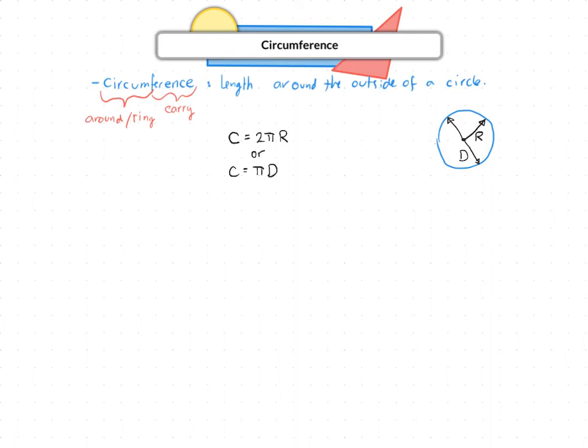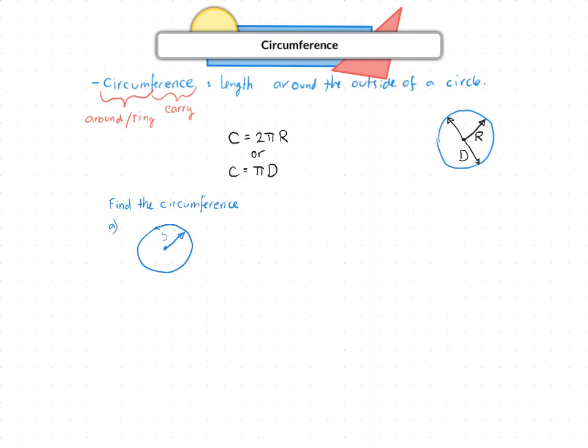So again, let's look at some examples here. Find the circumference. And there's really two situations you need to know about for finding the circumference. So A, we have some circle, and we're given the radius of that circle.